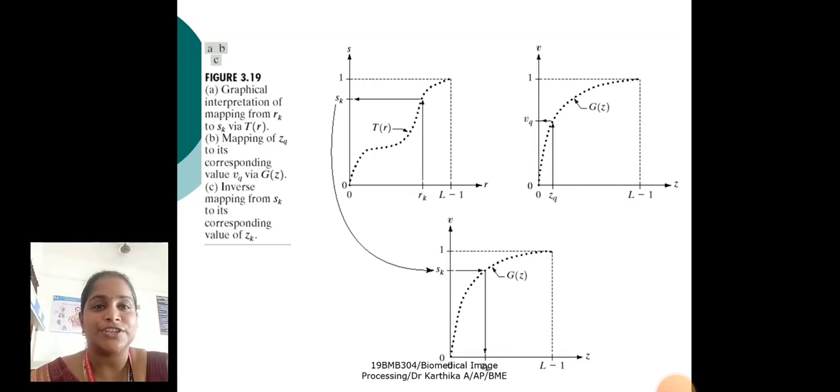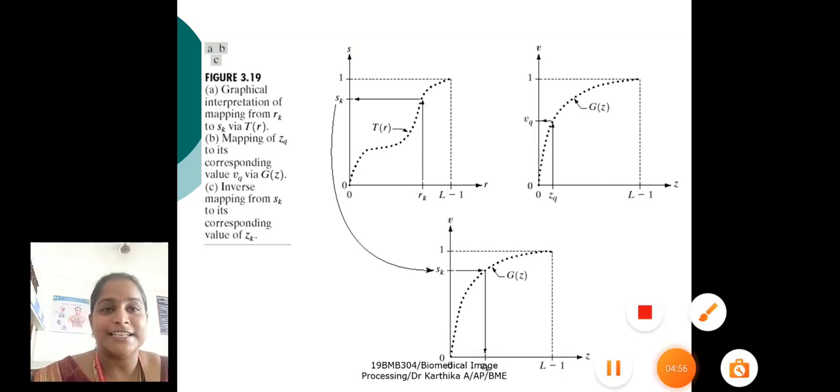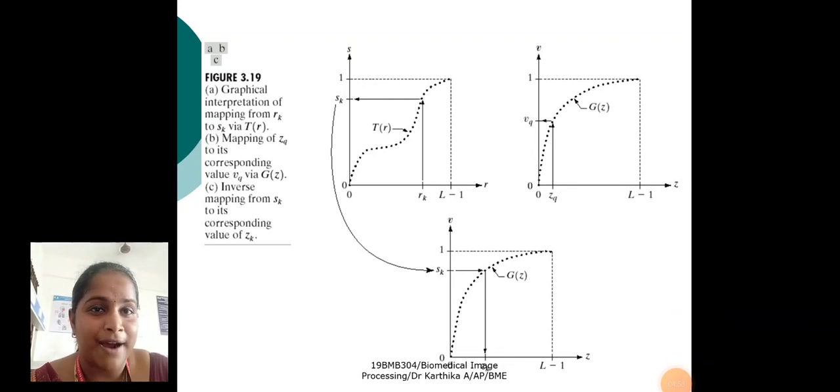Next, it shows the graphical interpretation of mapping from r_k to s_k through the transformation T of r_k. The second is the mapping of z_q to its corresponding value v_q through G of z. And the third shows the inverse mapping from s_k to its corresponding values of z_k.